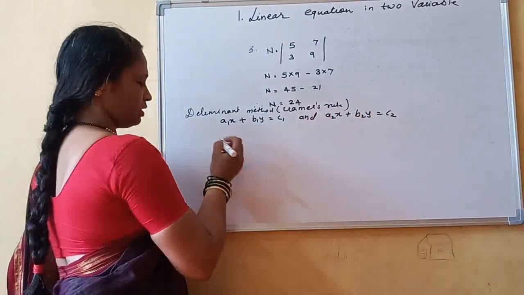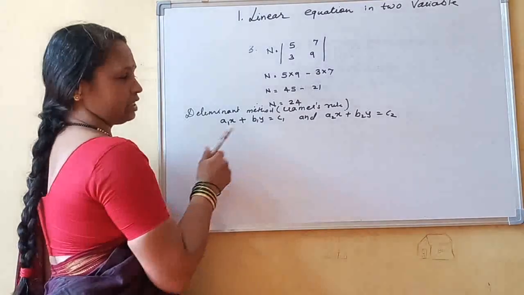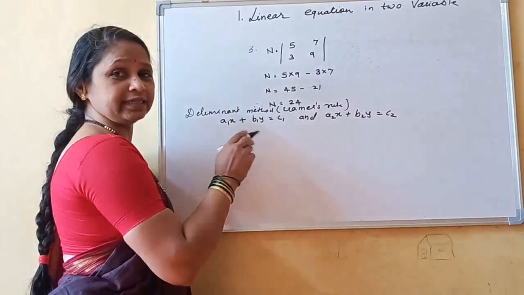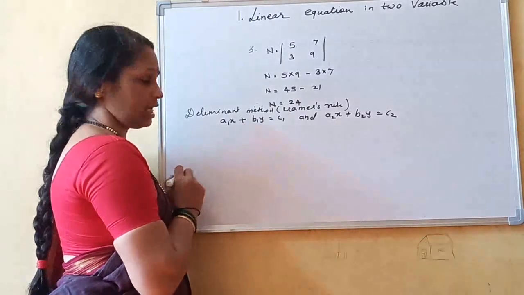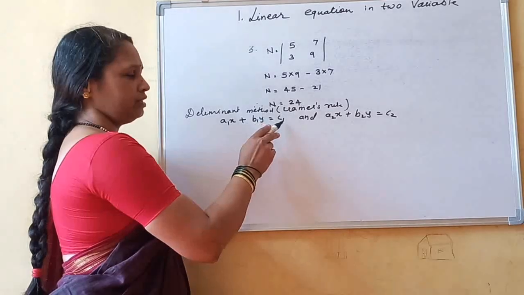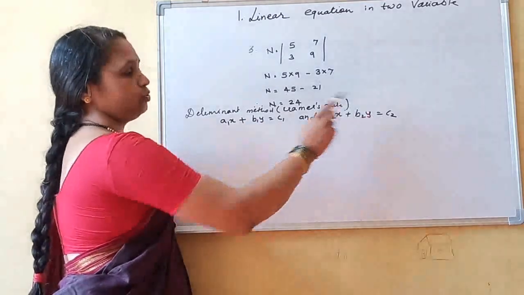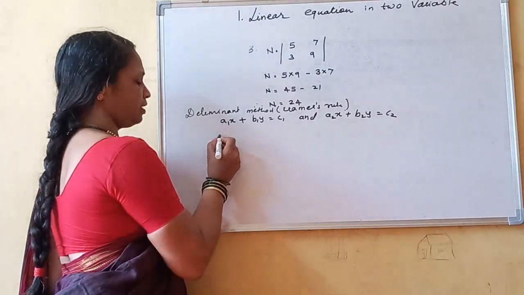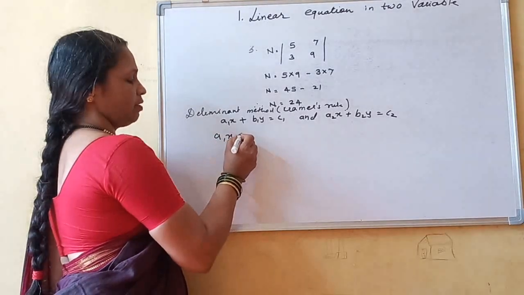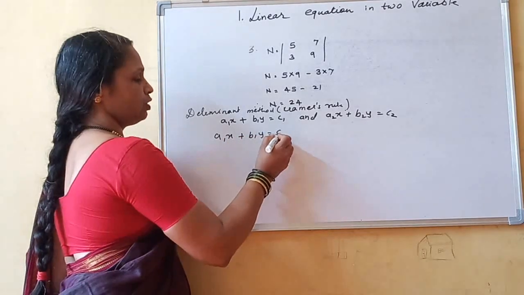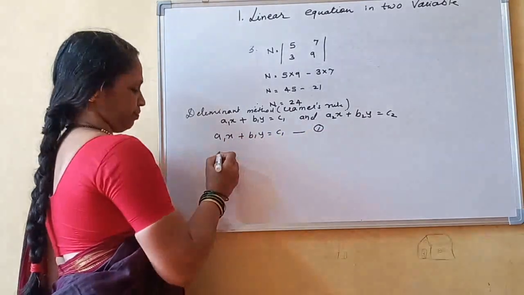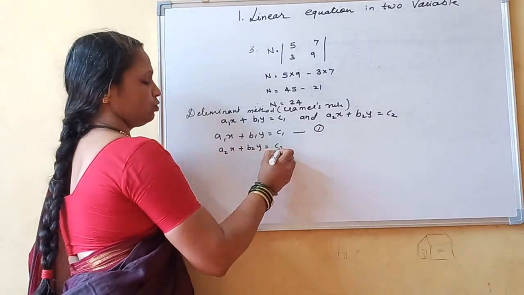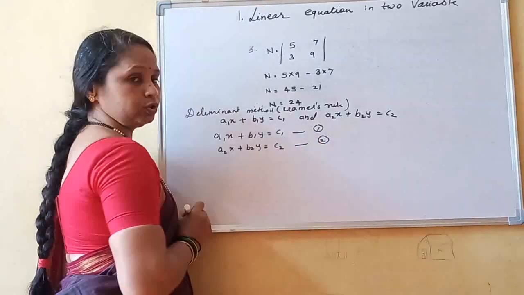Okay. Now see, in these two equations, x and y are the variables, and a1, b1, c1, a2, b2 and c2 are the real numbers. Now we will give the equation a1x plus b1y is equal to c1 the name equation 1 and a2x plus b2y is equal to c2 as equation 2.